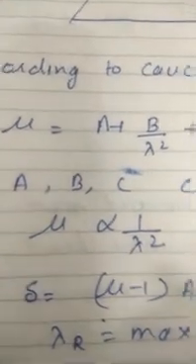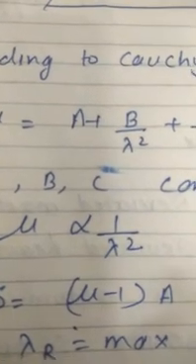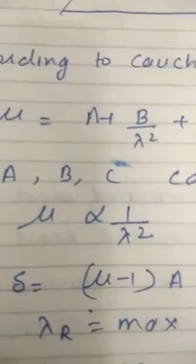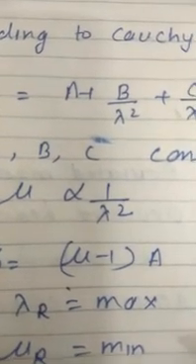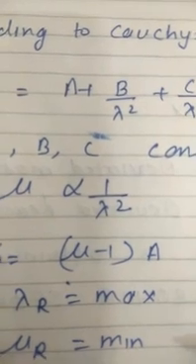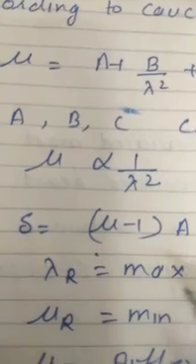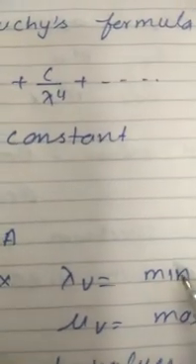And now delta is equal to, that we know in the case of thin prism, mu minus 1 into A. It means delta also depends upon mu. And we know that in the sun light there are 7 colors, and red color has the maximum wavelength and violet color has the minimum wavelength.